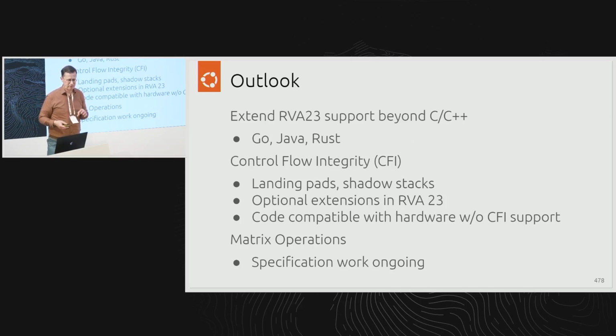The promise is that if you have software compiled for control flow integrity and other software, it should run seamlessly together. But before enabling it for the distro, we will for sure test that it really does. And looking even further, there's a lot of work ongoing for matrix operations, which will further speed up AI on RISC-V. And that's it for the outlook.